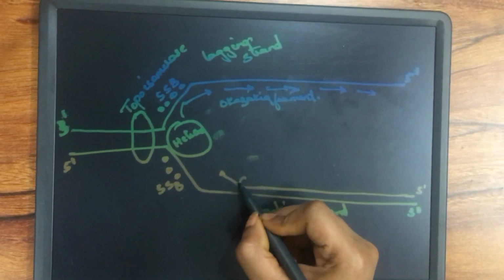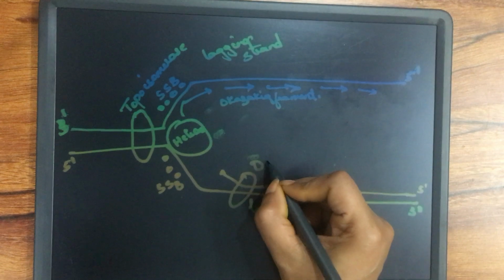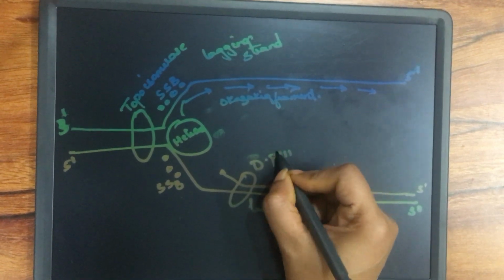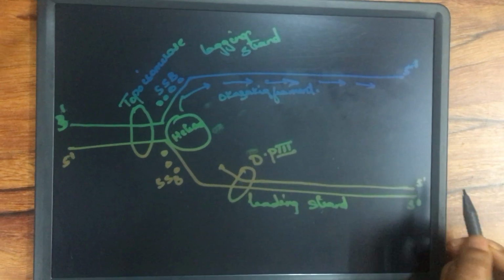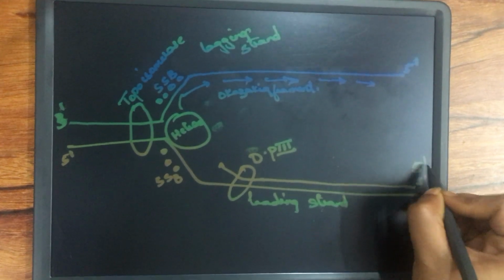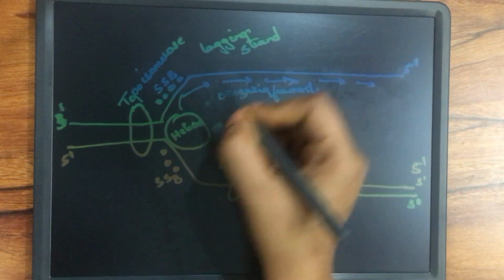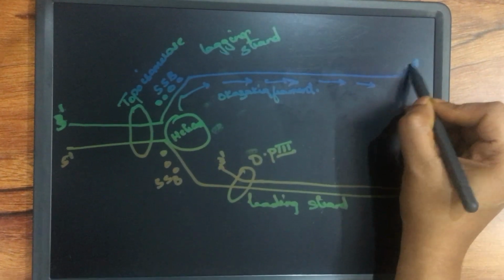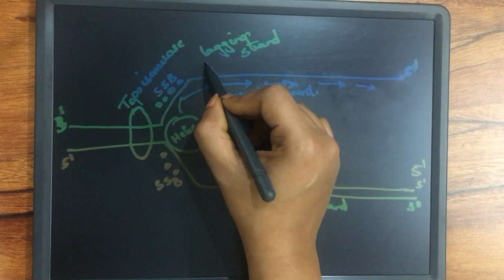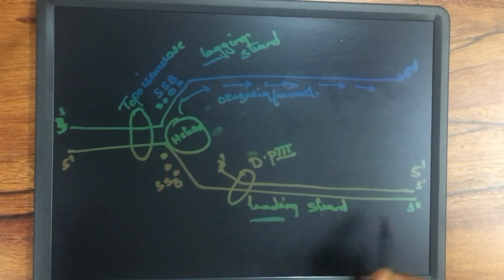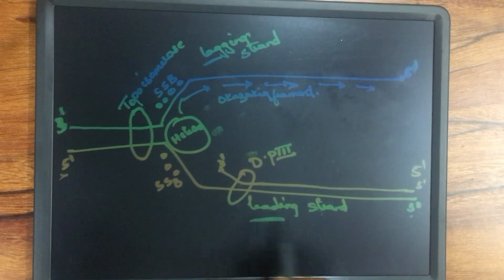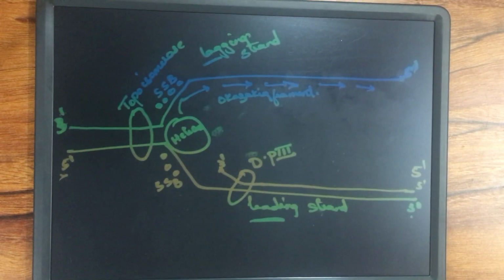There is continuous synthesis by DNA polymerase 3. Here, because the template is 5' to 3', it has become the lagging strand, and here the template is 3' to 5', it has become the leading strand.